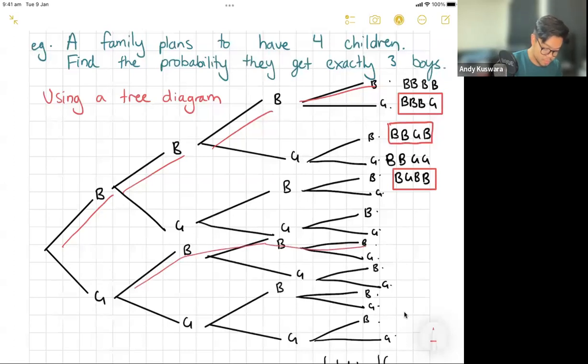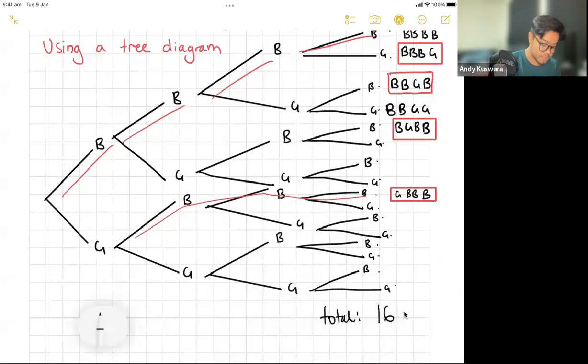There's another one. And this one here is girl, boy, boy, boy. 1, 2, 3, 4. Are there any other ones that will give us 3 boys? No, that is it. So there are 4 out of 16.